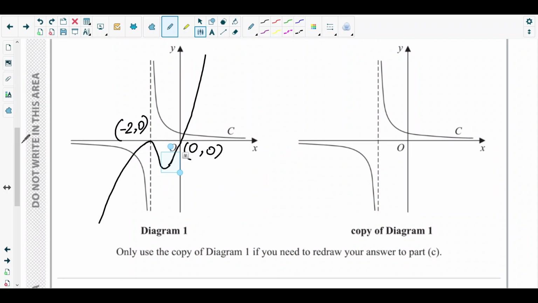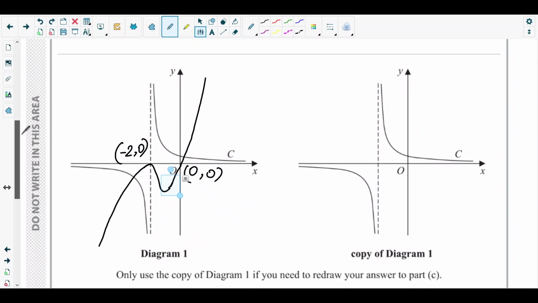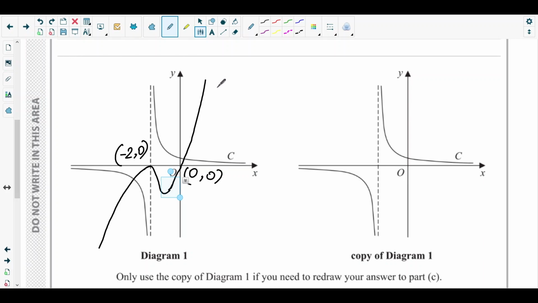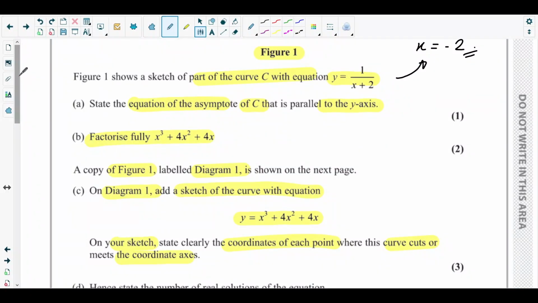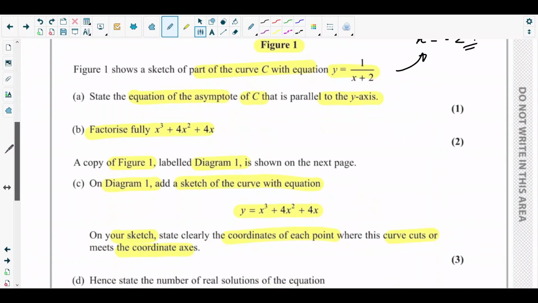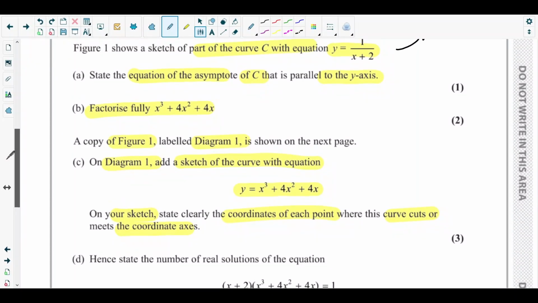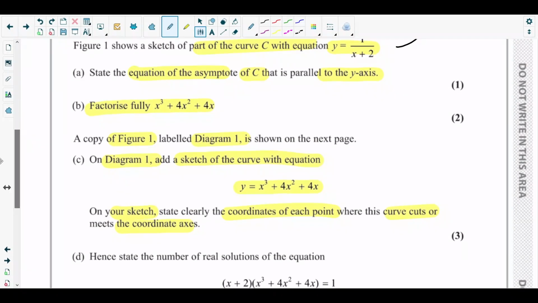That's it. That's the sketch for the curve y equals x cubed plus 4x squared plus 4x. So we have sketched perfectly the curve of the given equation.